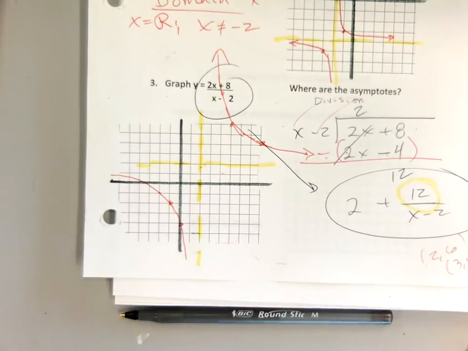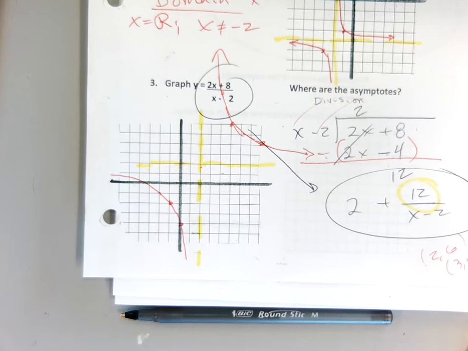So, most important to me right now is this. Domain. Right here. Look. You're right, Leslie. What can X better not be? Better not be what? 2. How wide is this graph? Forever. Wide. Except for one spot. What's the one spot? 2. So what's the domain?